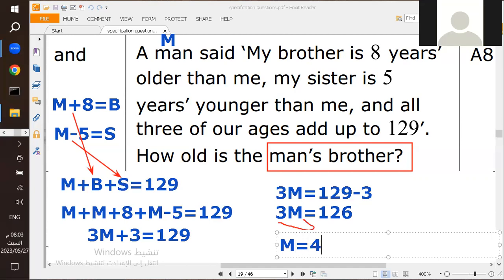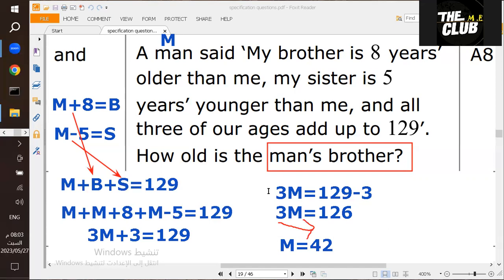That is the man, so the man's brother is 42 plus 8, which is 50. The man's brother is 50. Easy.